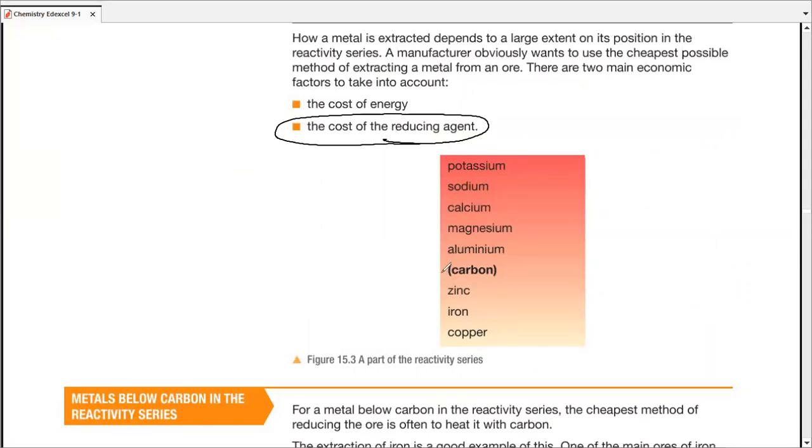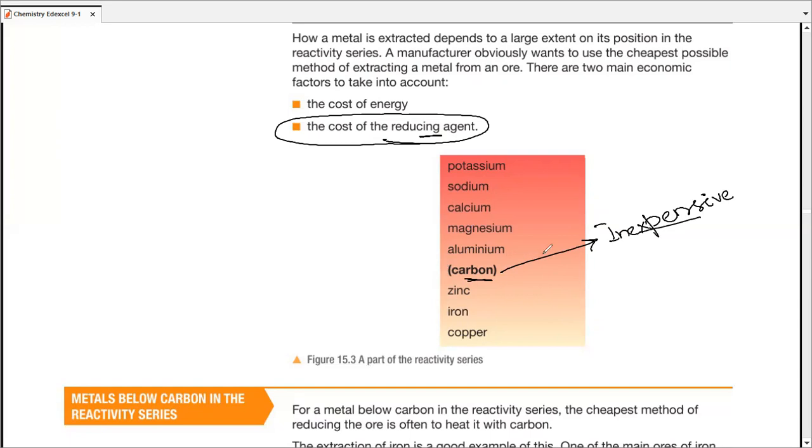Make sense? The reducing agent is carbon, and carbon is really inexpensive or cheap because it's available all around the planet in the form of fossil fuels, mainly coal, or you may also find it as part of some liquid fuels and gaseous fuels.